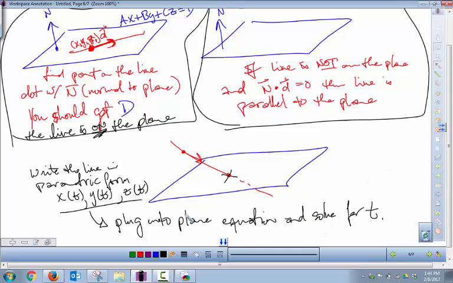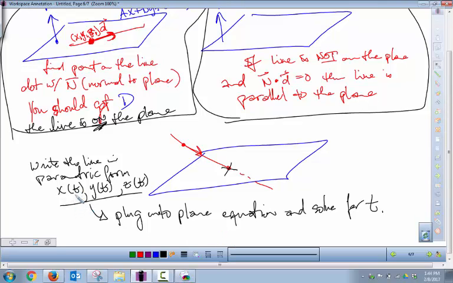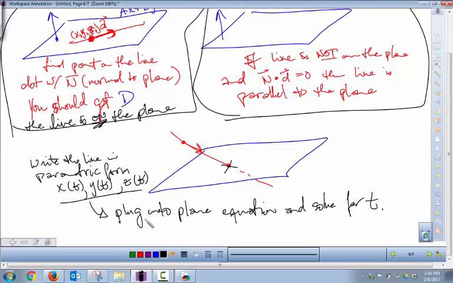So you plug that t back in. Solve for t.